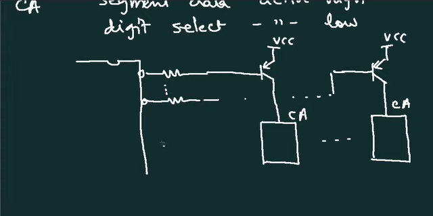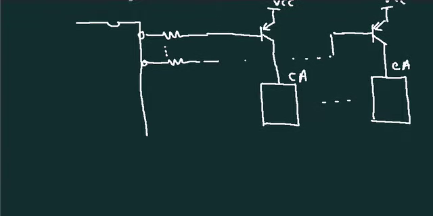And so on. Fine. So, what we require now is segment data active high. So, these signals are required to be active high. Now, remember the current will come this way and the current has to go out this way from the segment lines. So, if the current has to go out and this is active high, then it is not possible.